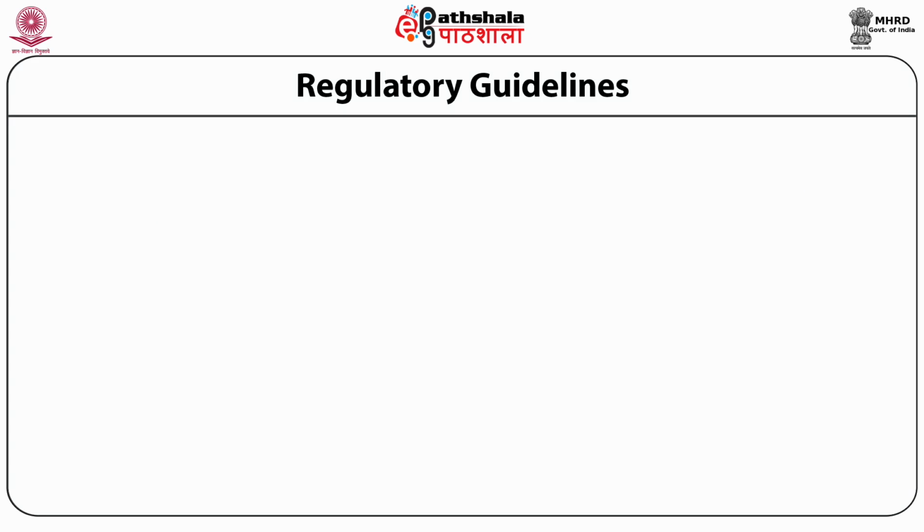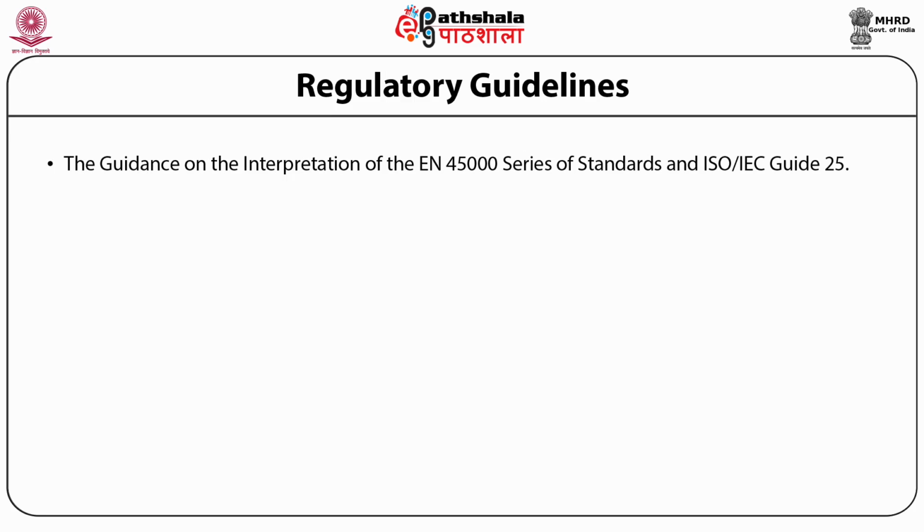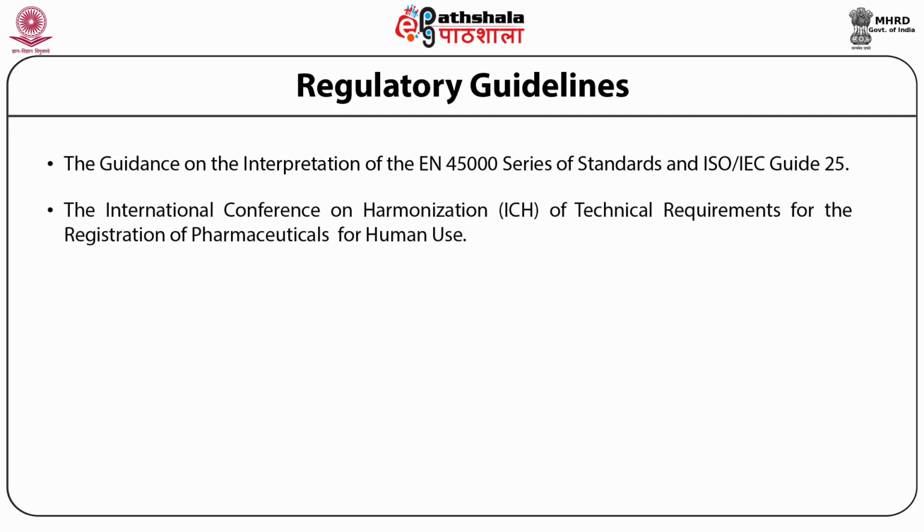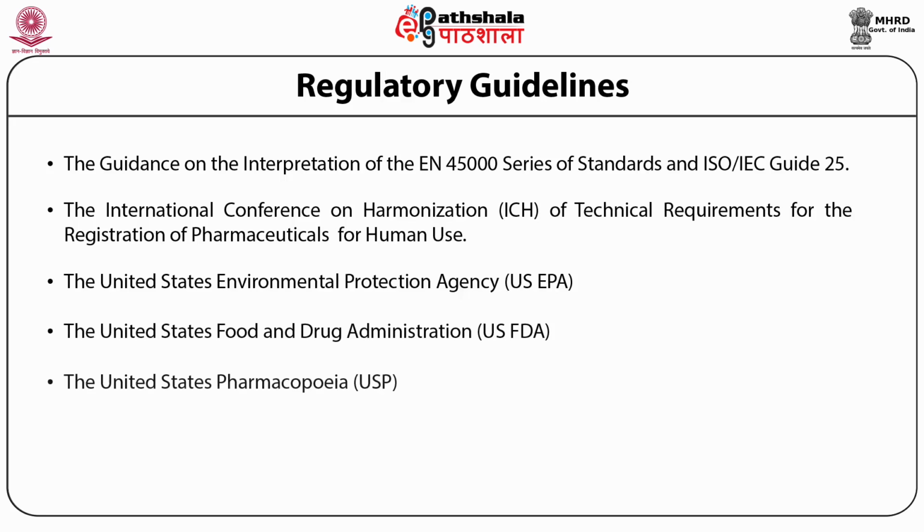As far as method validation is concerned, there are certain regulatory guidelines that explain what it is supposed to be. The guidance of interpretation in the 45,000 series of standards of ISO IEC Guide 25, the International Conference on Harmonization ICH guidelines explaining technical requirements for the registration of pharmaceuticals for human use, or the United States Environmental Protection Agency explanation for validation, or US FDA validation, or USP validation, and any of these validation protocols talk about method validation for HPLC.